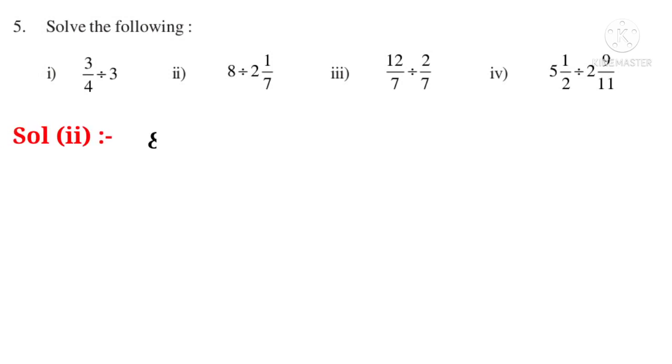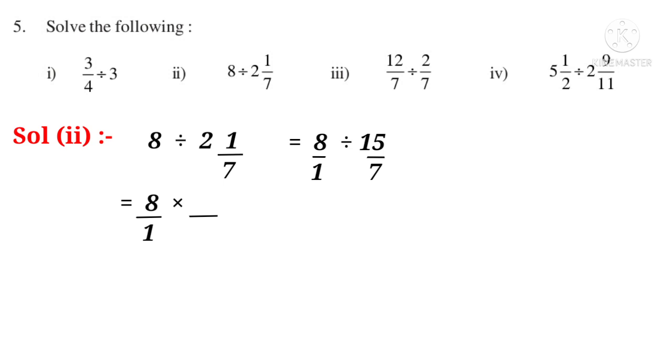Now solution 2: 8 divided by 2 1 by 7. The second fraction is a mixed fraction. Let us convert it into an improper fraction. 8 can be written as 8 by 1 divided by 7 into 2 is 14, 14 plus 1 is 15 by 7. That is equal to 8 by 1 into the reciprocal of 15 by 7, which is 7 by 15.